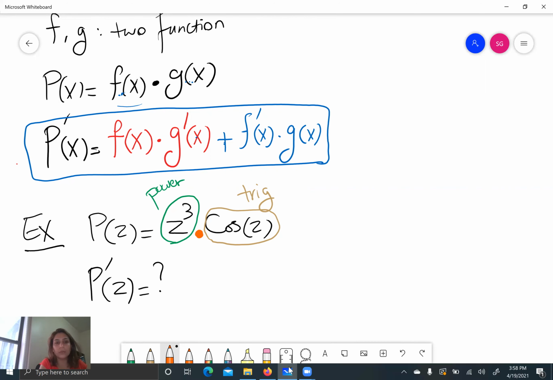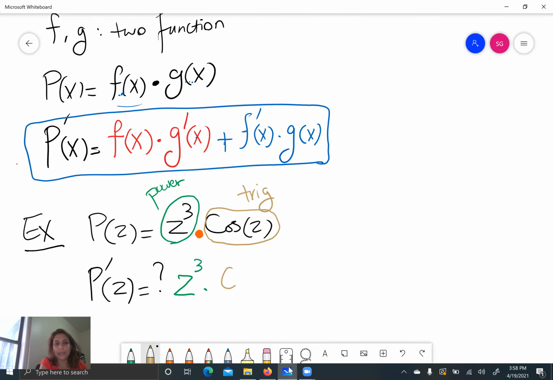It says when you want to take the derivative, it's going to be the first function, which is Z cube, times the derivative of the second function.